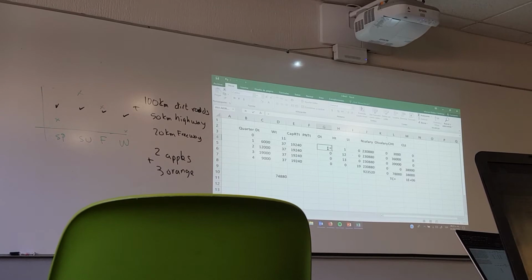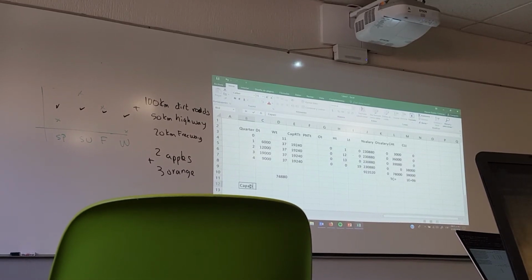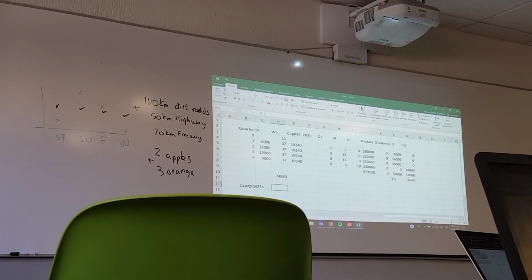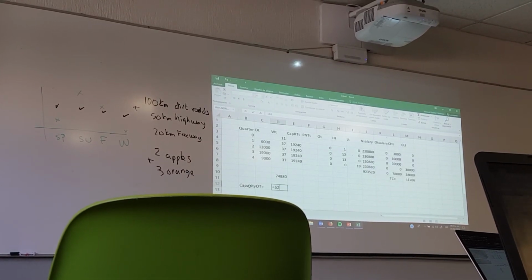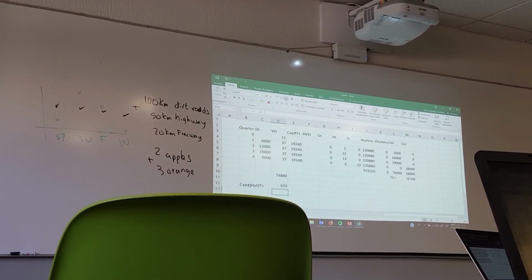The question is, are we going to use it? Let me do that separately here. What is the capacity with full overtime per worker? It's going to be 520 times 1.2. Do you agree with that? Yes. So the capacity is 624.